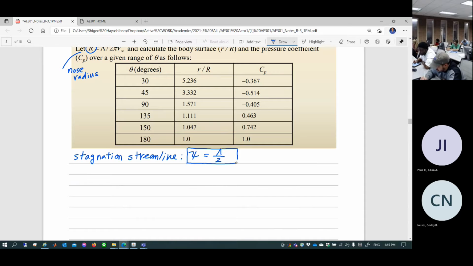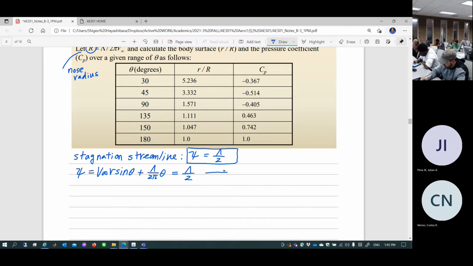So remember, the original psi is b infinity r sine theta plus lambda over 2 pi theta, equal to, let's say, lambda over 2. So this is the full description of the stagnation streamline equation.